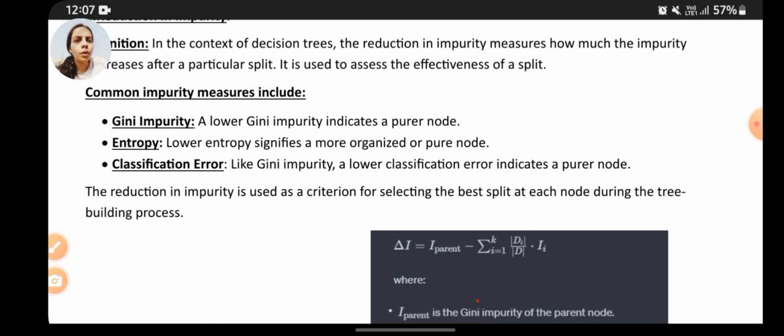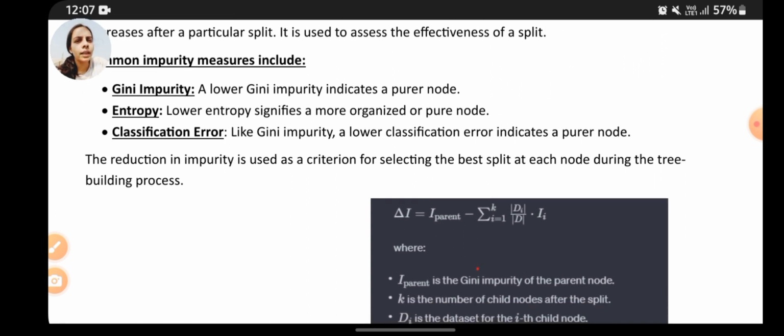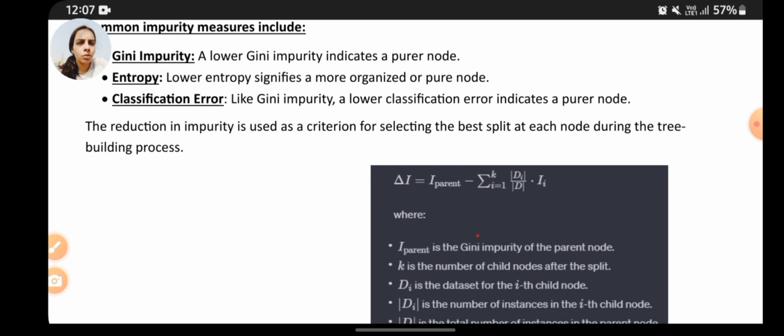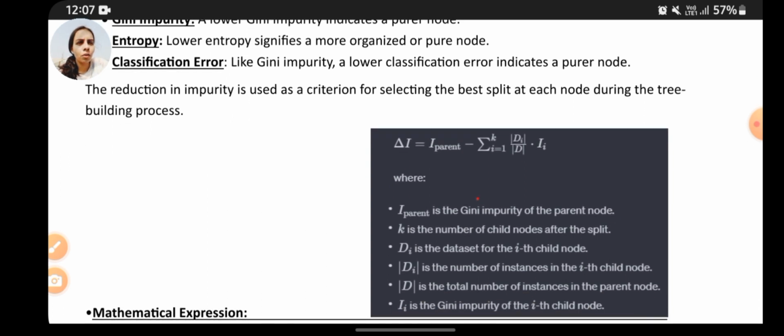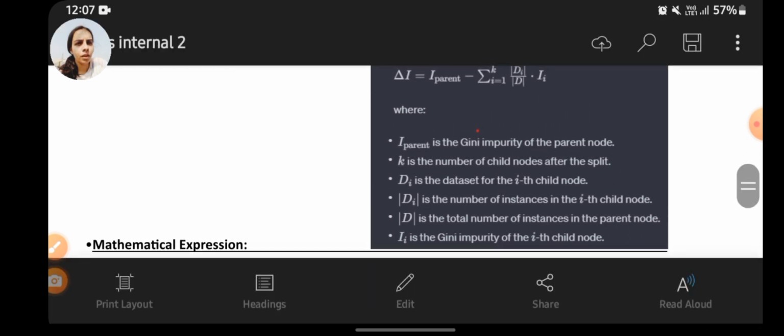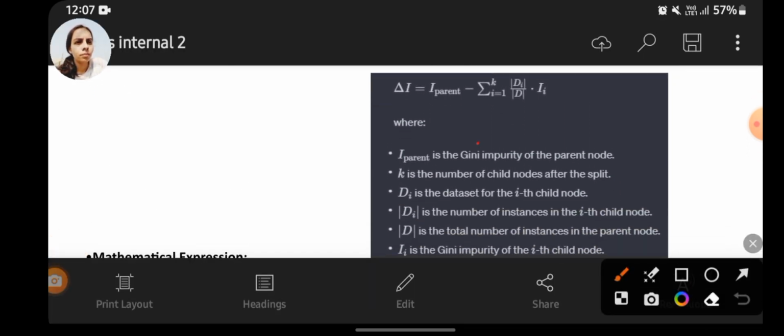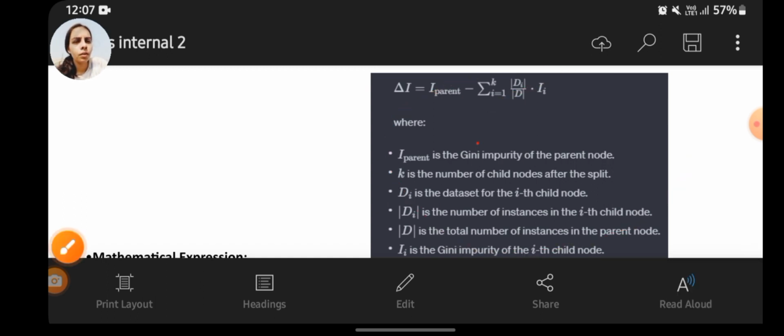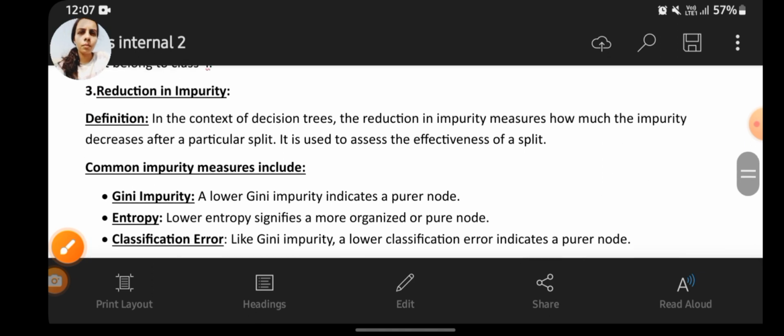So the third terminology is reduction in impurity. So the definition of reduction in impurity says that in the context of decision trees, the reduction in impurity measures how much the impurity decreases after a particular split. It is used to assess the effectiveness of a split. There are some common impurity measures: first is Gini impurity, second is entropy, and third is classification error.